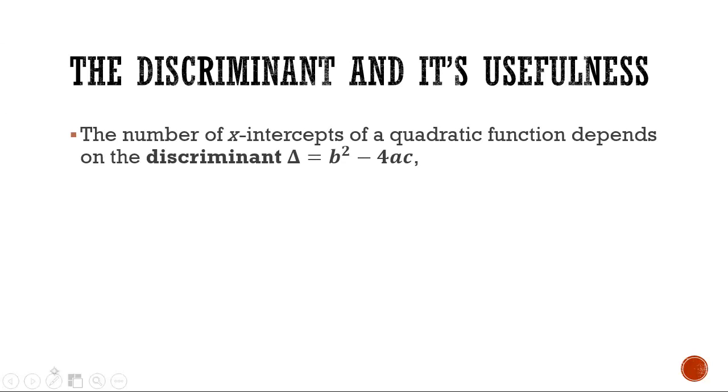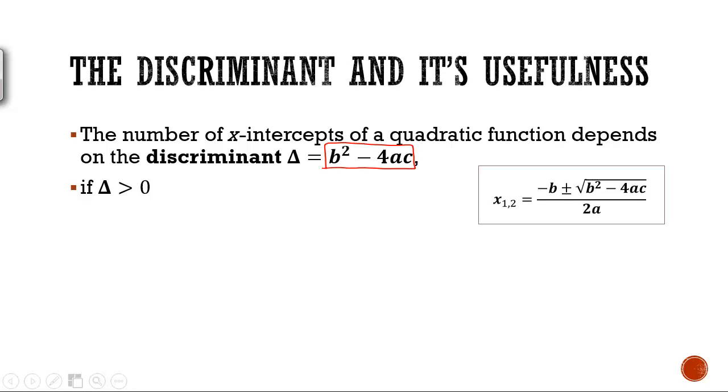The discriminant is also extremely useful for us. Previously, I noted that knowing what the discriminant is helped us determine what kind of crossing points we have, what kind of solutions we have, what kind of x-intercepts we have. So let's just compare.